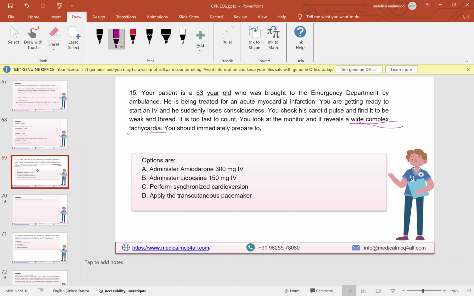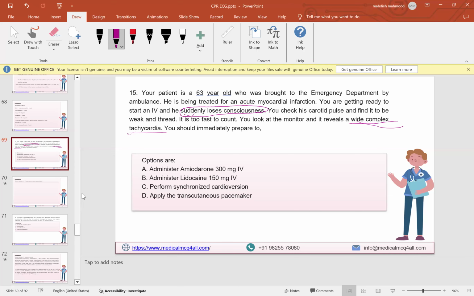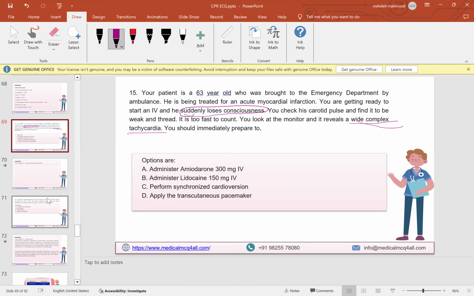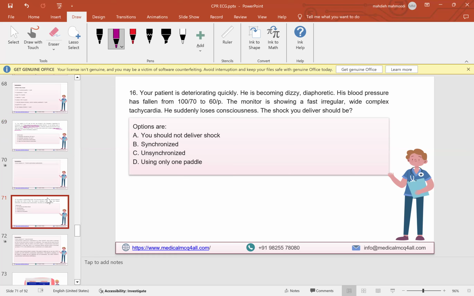Is the patient stable or unstable? Unstable. What is the answer then? Since a pulse is there, it will be synchronized cardioversion. Exactly. You seek expert help, you give synchronized cardioversion, you check the electrolytes, and you give the patient amiodarone afterwards. But the first thing is to just give the patient synchronized cardioversion.